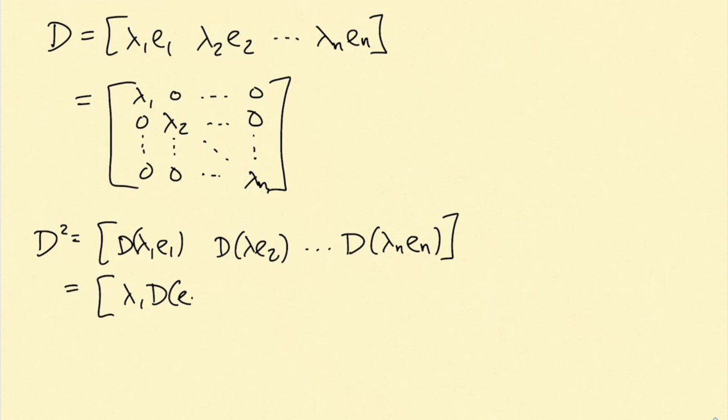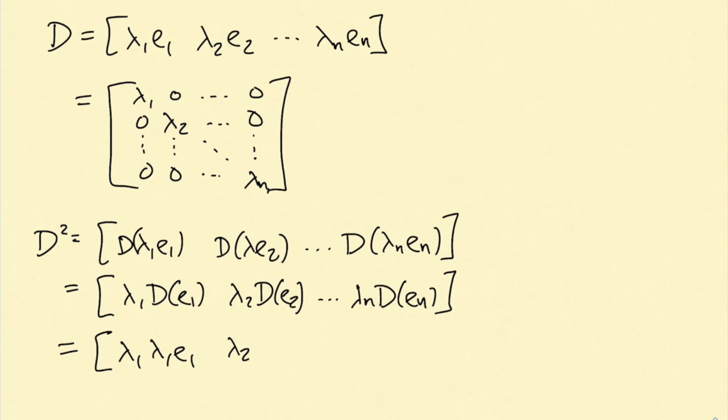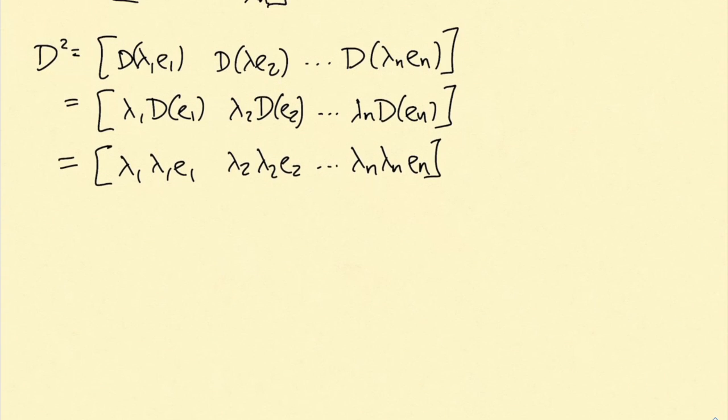We can pull the scalars through and then use the fact that D times Ei is lambda i Ei. So of course we're left with lambda 1 squared E1, lambda 2 squared E2, down to lambda n squared En, which simply means that if we square a diagonal matrix, we're simply squaring the entries along the diagonal.